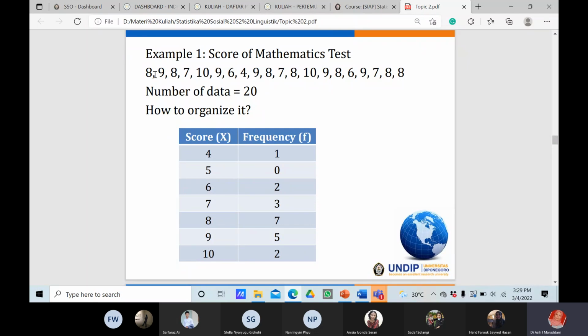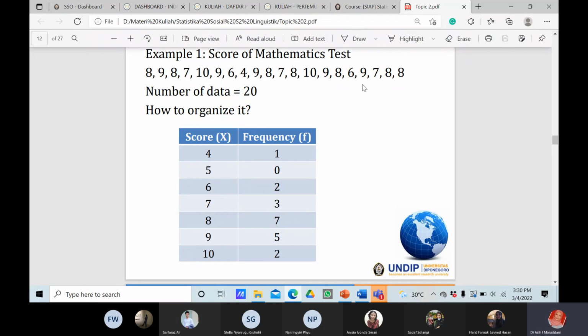Let's check the minimum of the scores. I think the minimum score is 4, and the largest or maximum score is 10.